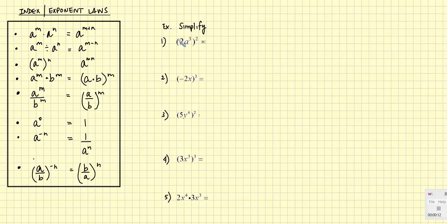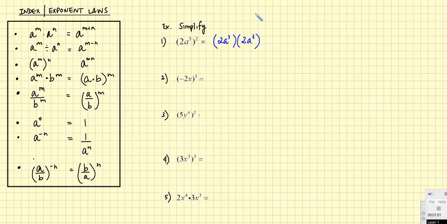Alright, so we're just going to start with our first example here. If I've got (2a cubed) all squared, if I were to expand that, really that means 2a cubed times 2a cubed.